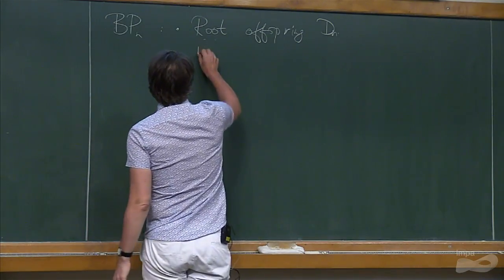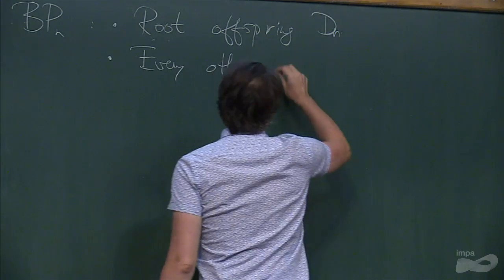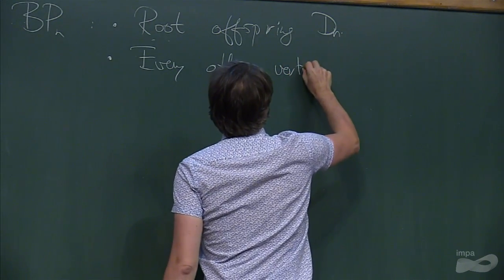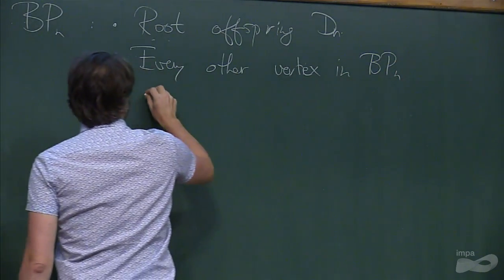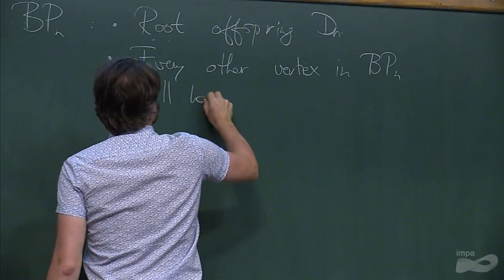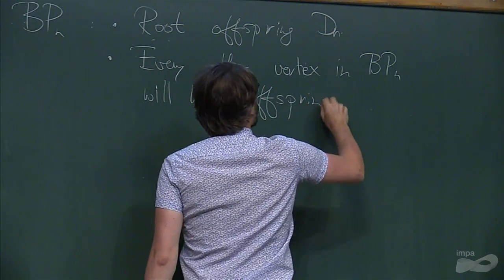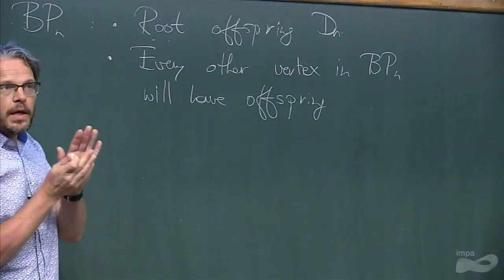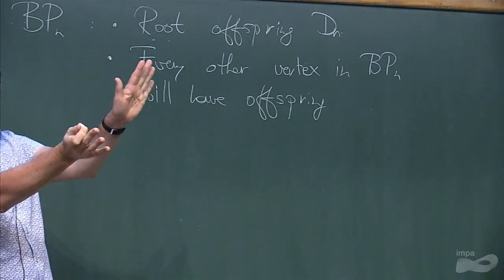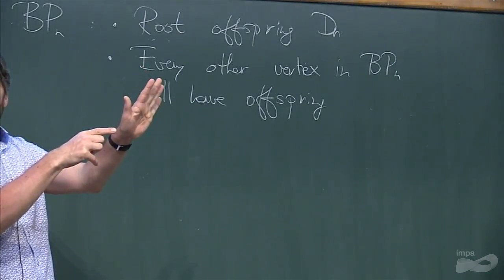So every other vertex in my branching process will have offspring, well, what is it going to be? Well, the offspring is only the forward half edges, because the half edge that I'm pairing to is eaten up.